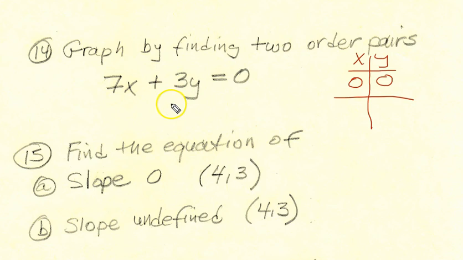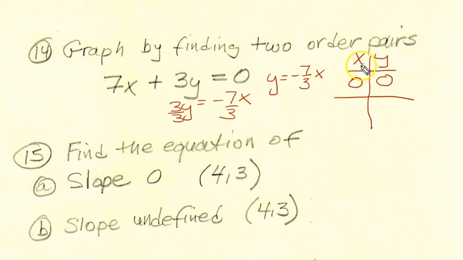Now if I solve this for y, I get 3y equals a negative 7x. Divide everything by 3. I get then y equals a negative 7/3 x. Well, I want to find another item, and I don't want fractions.